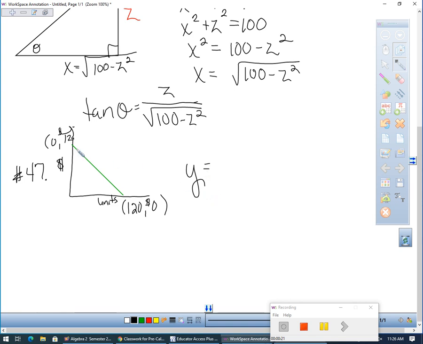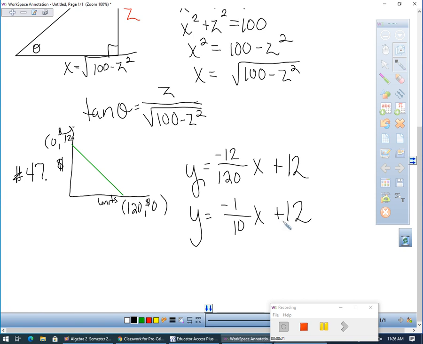Now, the slope would be down 12, so negative 12, and over 120. X, and then plus, and our y-intercept is right here, which is plus 12. Now we can simplify this, right? This is actually y equals negative 1 over 10x plus 12. So this is our line equation.